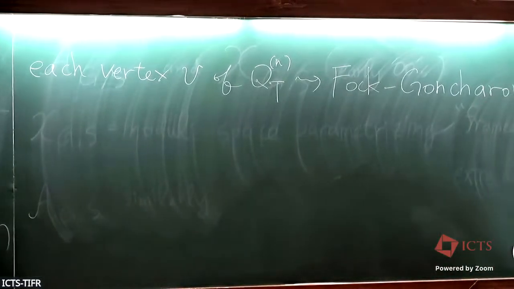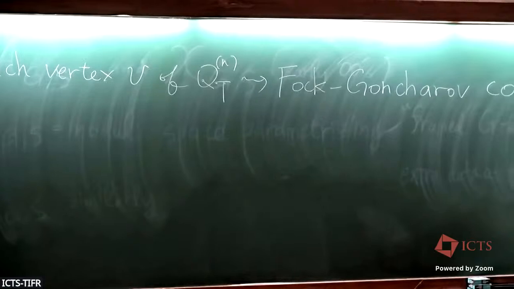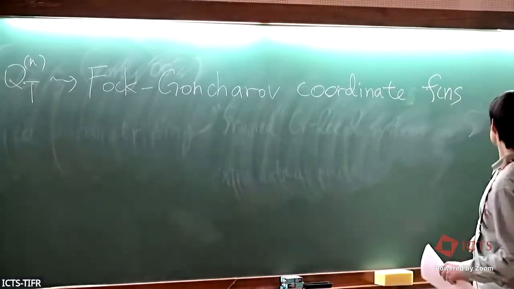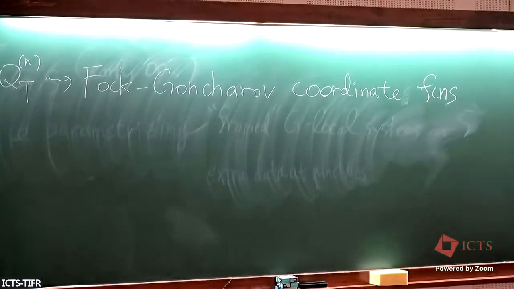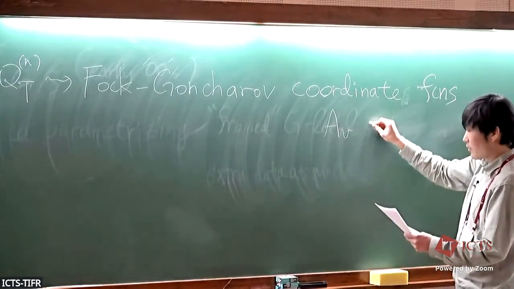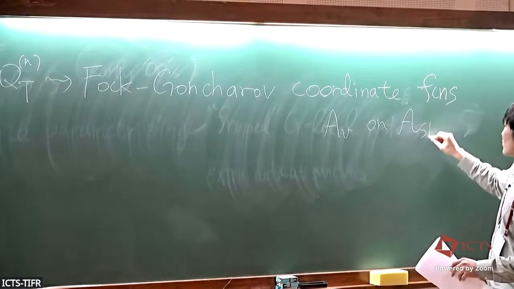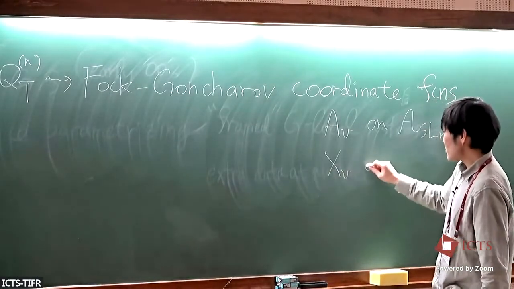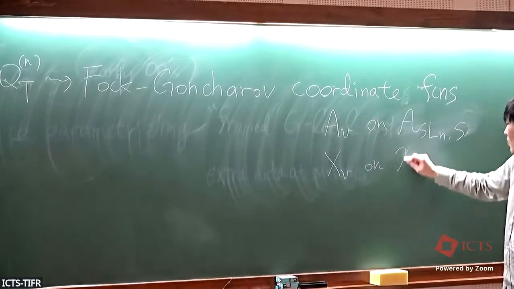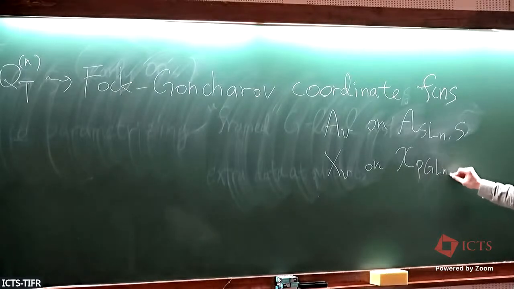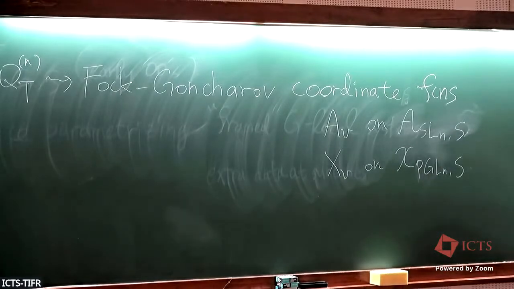They did it for each of A_SL_N and X_PGL_N. So let me give different notations. So A_v on this A_SL_N moduli space, whatever this is. And for X, let me call it big X_v, on the X_PGL_N moduli space.